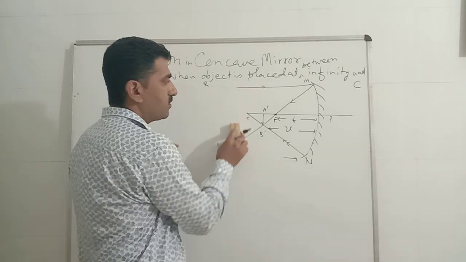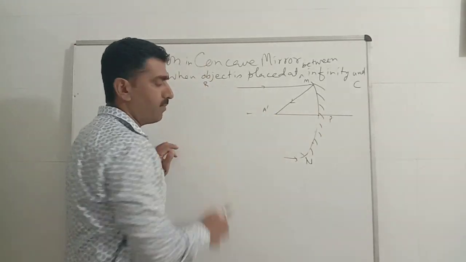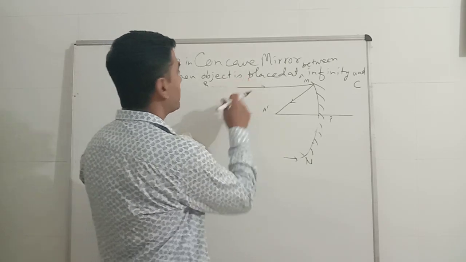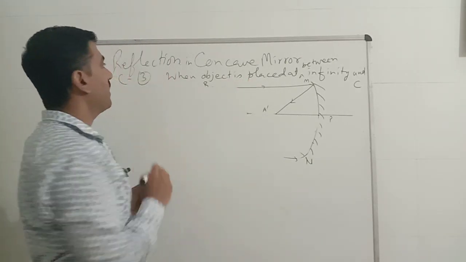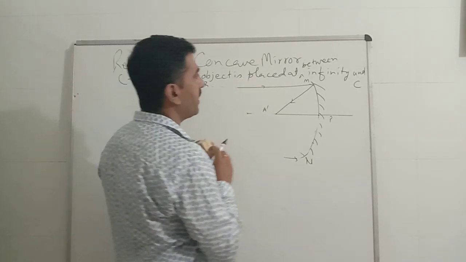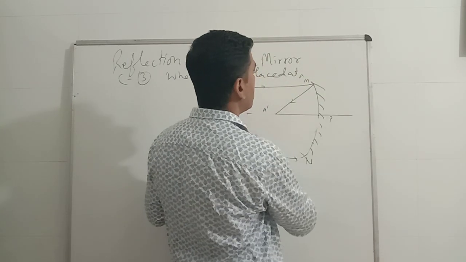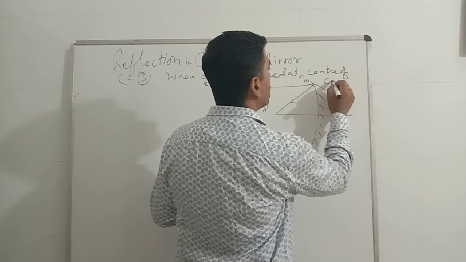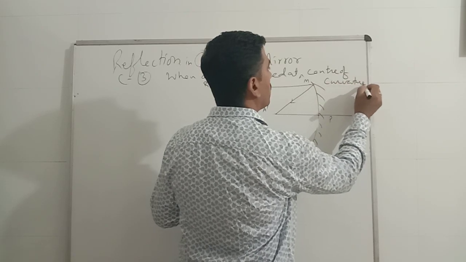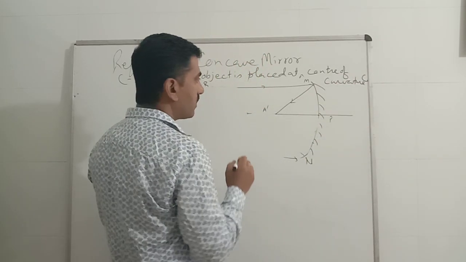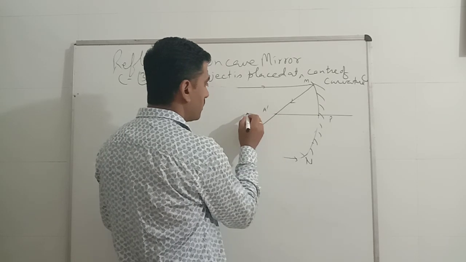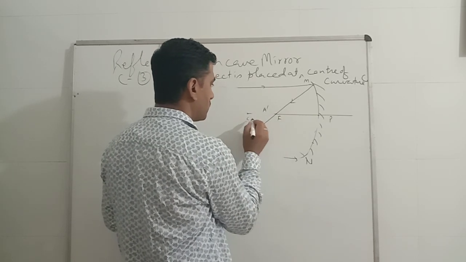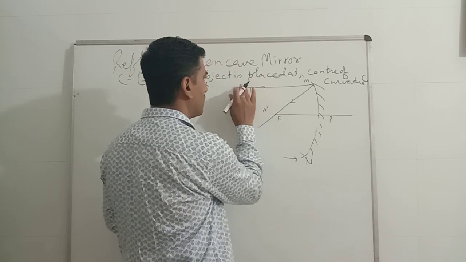So how the image will be formed and where the image will be formed, let's make it where the object is. Case number 3: when the object is placed at C, the center of curvature. From here, this is your focus, this is your center of curvature, and the object is placed here.